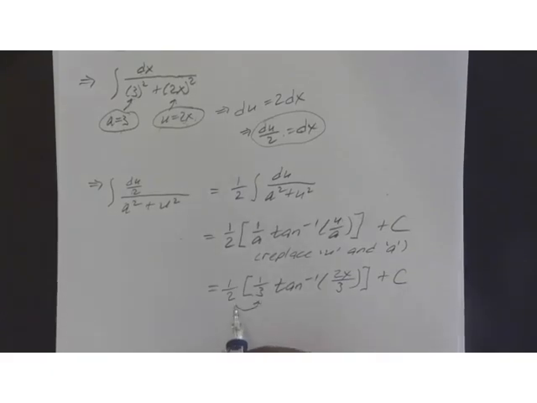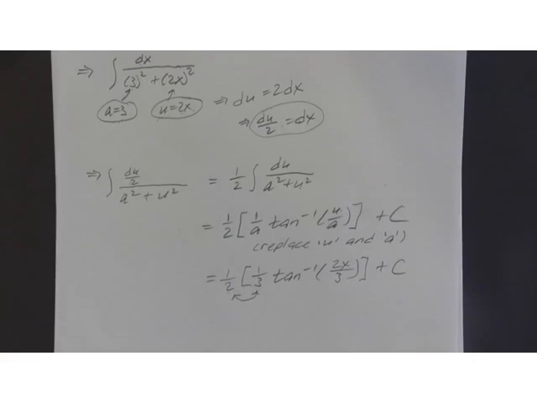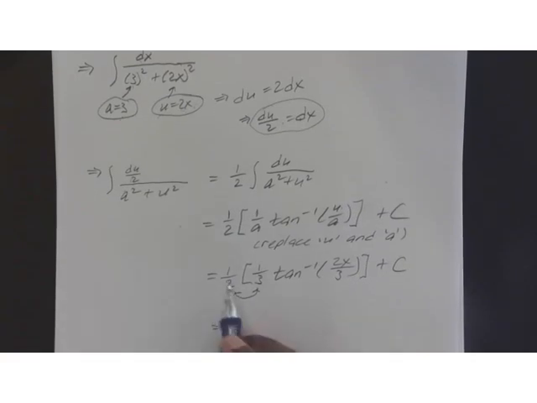Okay. So we do any simplifying if it's necessary, so we can go ahead and multiply those two. So you get 1 over 6 times tangent inverse of 2x divided by 3. If you want, you can make it 2/3 x. Doesn't really matter which form you put it in. Plus c.